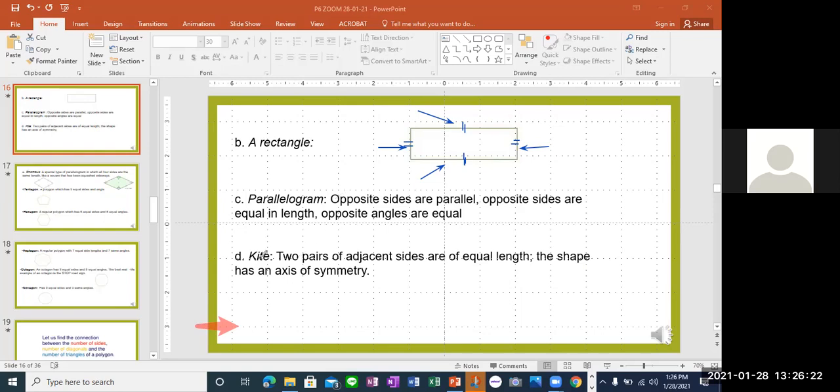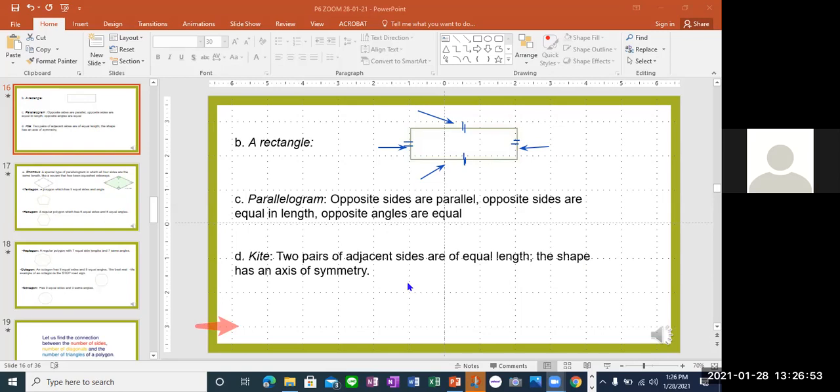And then we have the kite. Kite is similar to your kite. That's just 2 pairs of adjacent sides that are equal in length. The shape has an axis of symmetry. We're talking about the lines that run from top to bottom and from side to side.